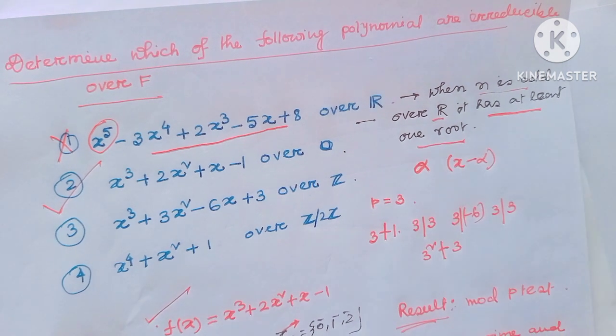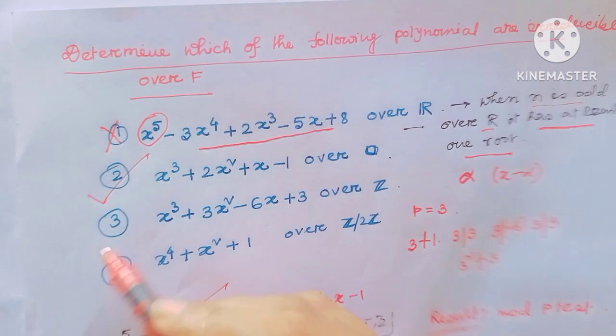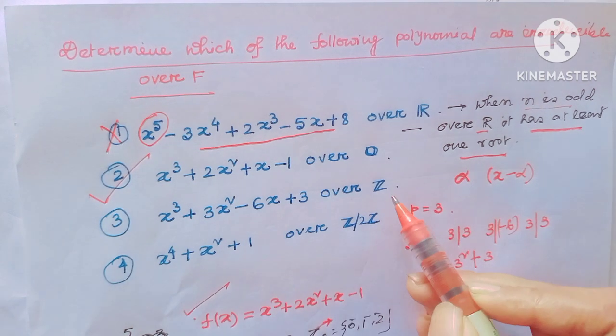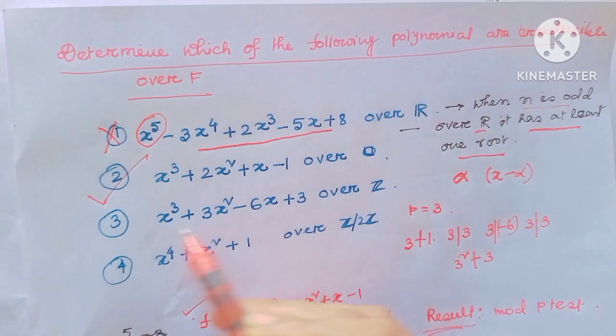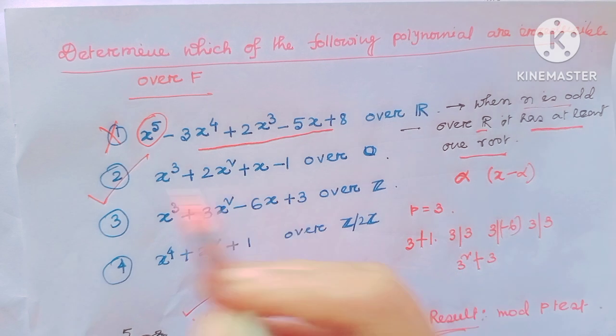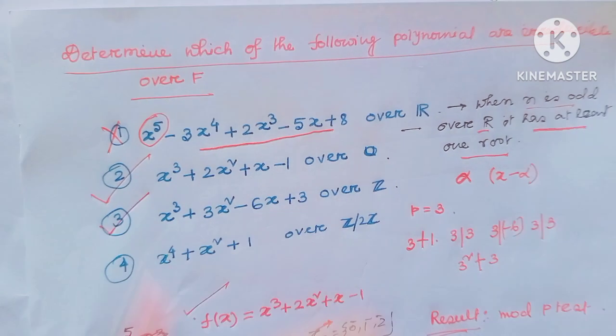So by Eisenstein criteria we can tell this is irreducible over Q, and since this polynomial is monic, this is irreducible over Z also.